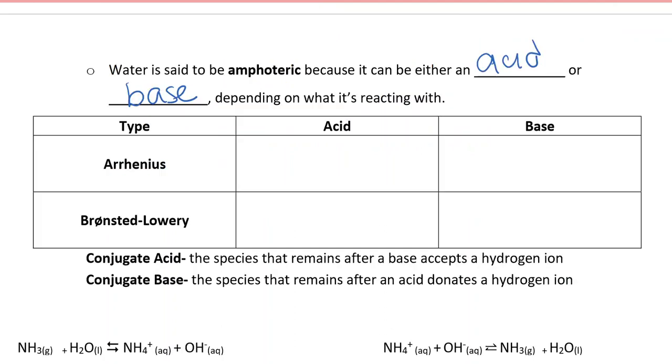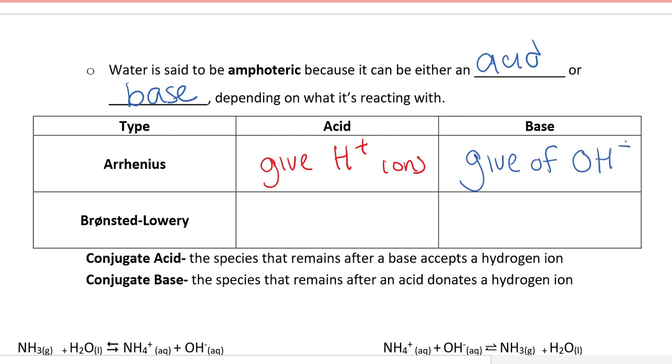So in summary, we have this nice little summary table to help us describe this. So Arrhenius acids are going to give off H+ ions, while Arrhenius bases are going to be giving off hydroxides. Bronsted-Lowry acids give off H+ ions, while Bronsted-Lowry bases absorb H+ ions.